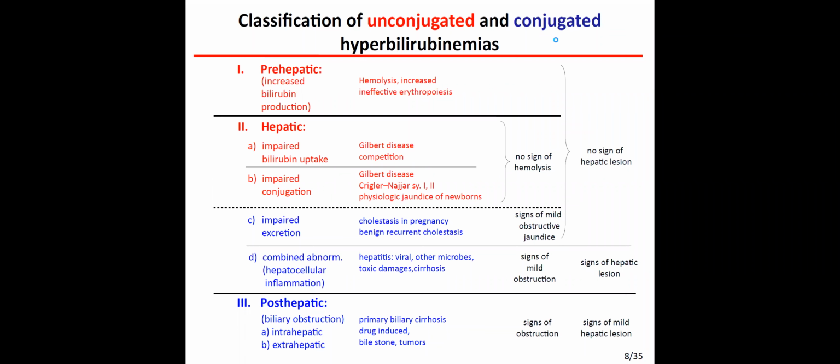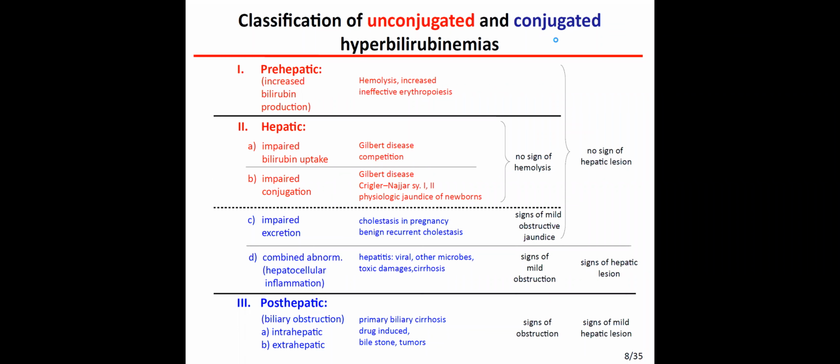We can have prehepatic, hepatic, and posthepatic problems. You see the hepatic problem is divided into two parts. If we do have a problem with the uptake or conjugation, that usually causes unconjugated hyperbilirubinemia. If we do have a problem with the excretion, that will cause a conjugated hyperbilirubinemia, and it is listed what kind of disease is associated with this situation.